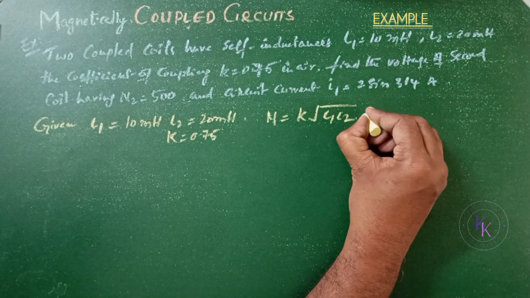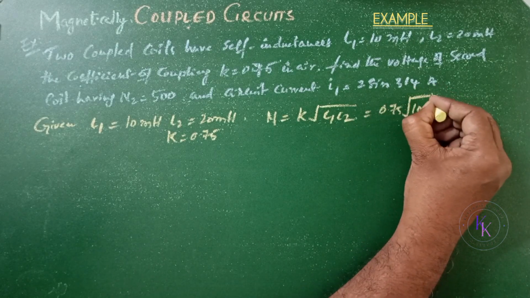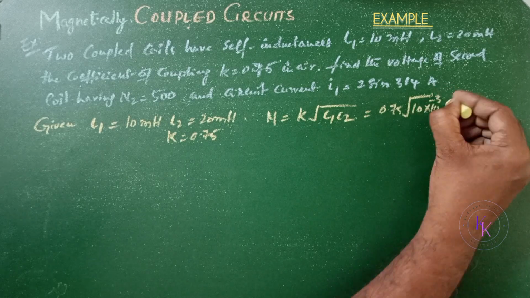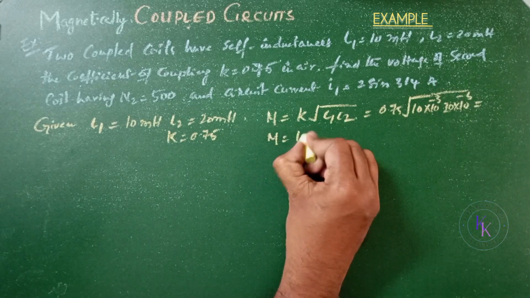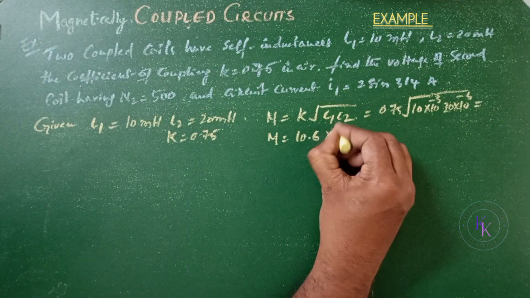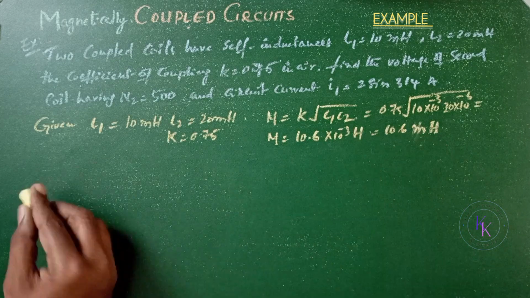Now substitute those values: 0.75 times the square root of 10 multiplied by 10 to the power of minus 3, and 20 multiplied by 10 to the power of minus 3. We get M equals 10.6 times 10 to the power of minus 3 henries, or 10.6 millihenries.